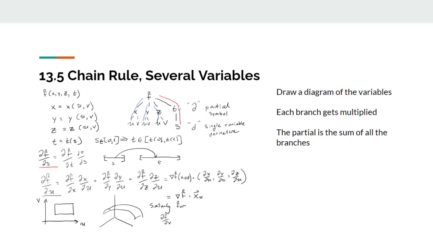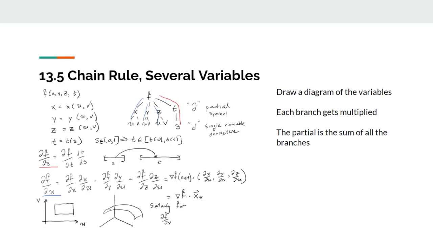We only have to go in one direction on this one because s is only in t. We put the partial symbol when we have to make a choice between the branches. And then we put the d whenever it's a single variable derivative, like from t to s is just a single variable derivative, so I put dt, ds.